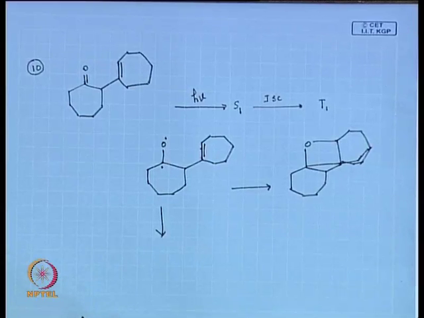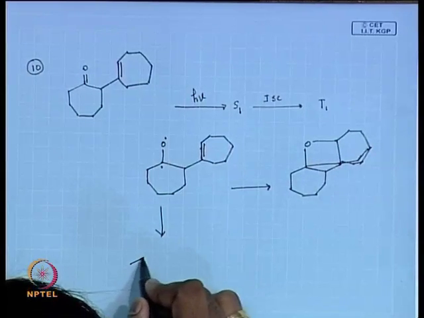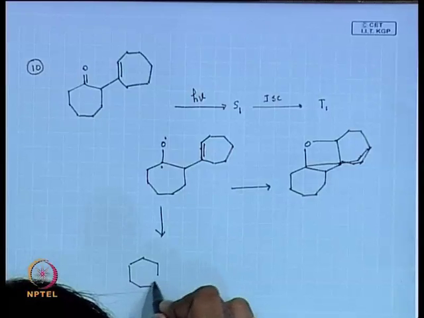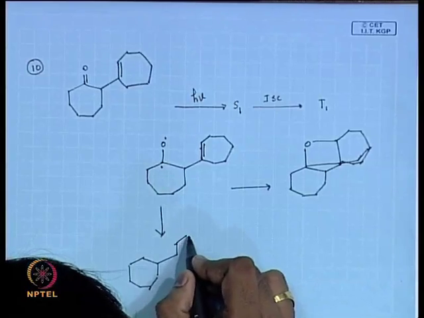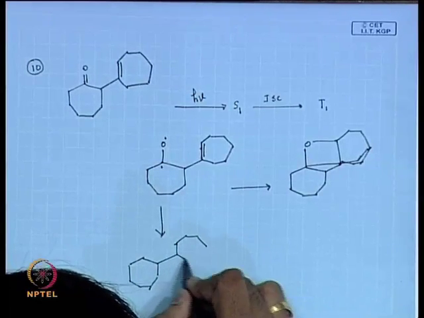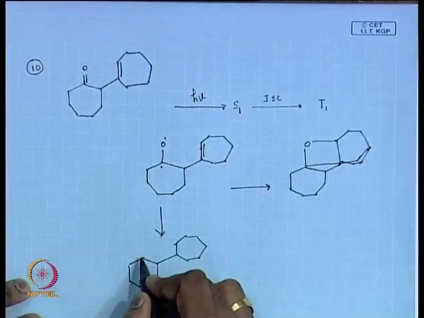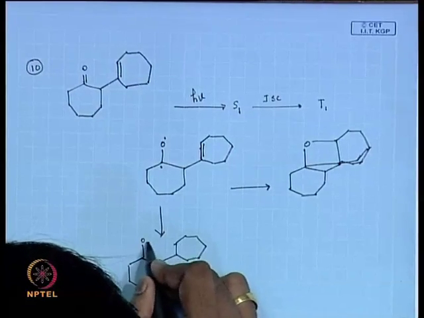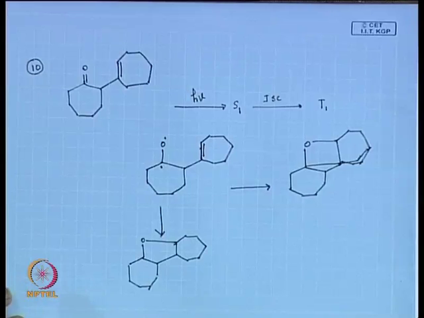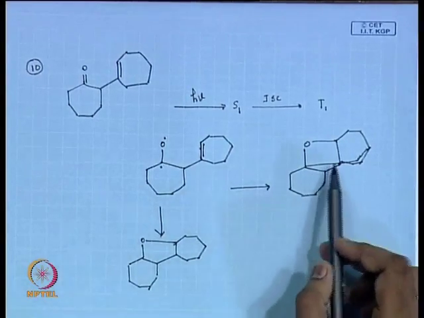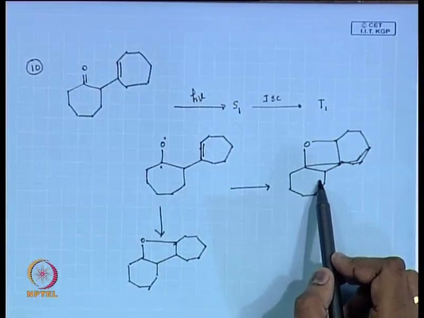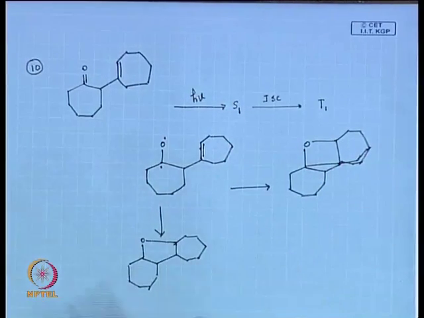Or can I say that after doing this reaction, I get only this product. Which do you think will be right? Sir, it forms like this, then breaks up, or it forms directly like this?